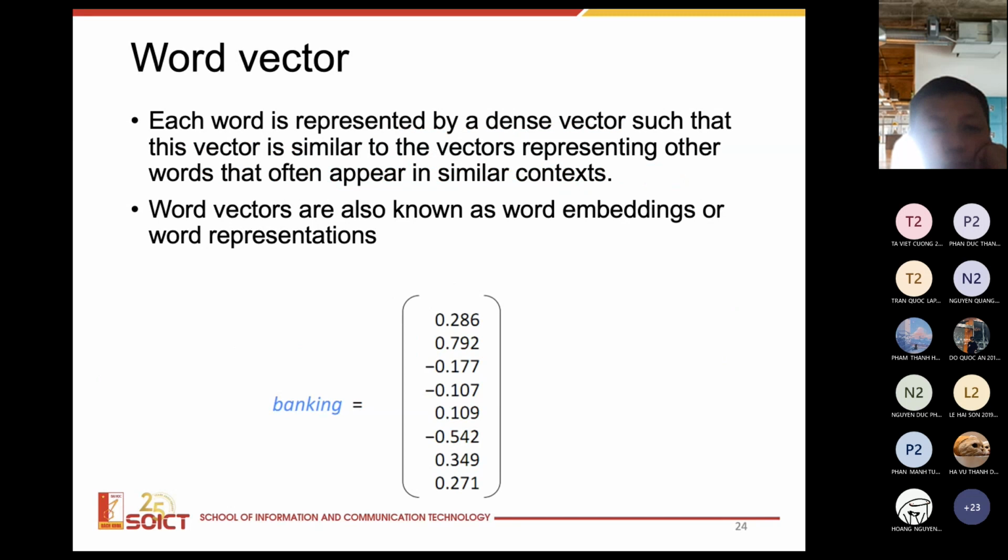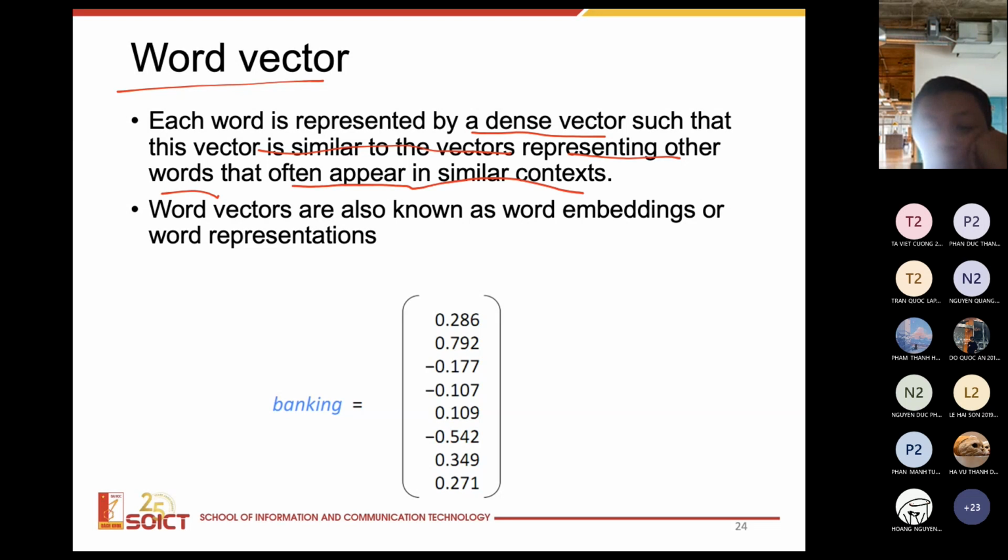Okay, the word vector. In the word vector, a word is represented by a dense vector, right? It is different from the one-hot encoding. In one-hot encoding, you see it's a sparse vector where you have one element equal to 1 and the others are 0, right? But in the word vector we discuss here, a word is represented by a dense vector such that the vector is similar to the vectors representing other words that often appear in a similar context.